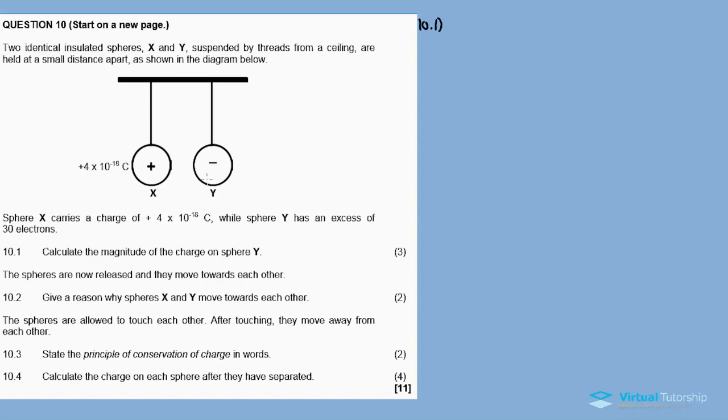The reason sphere Y is negative is because of these 30 electrons. I want to know what charge these 30 electrons have. We use this formula: the number of electrons n is equal to the charge divided by the charge on an electron. So 30 electrons equals the charge on that sphere divided by minus 1.6 times 10 to the exponent minus 19, which is the charge on one electron.